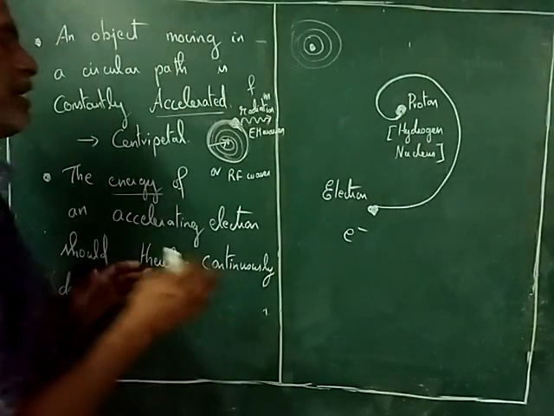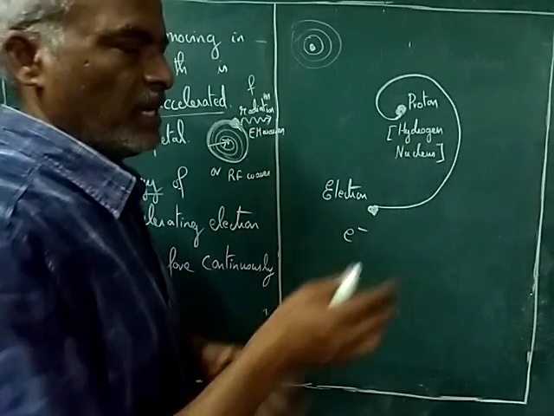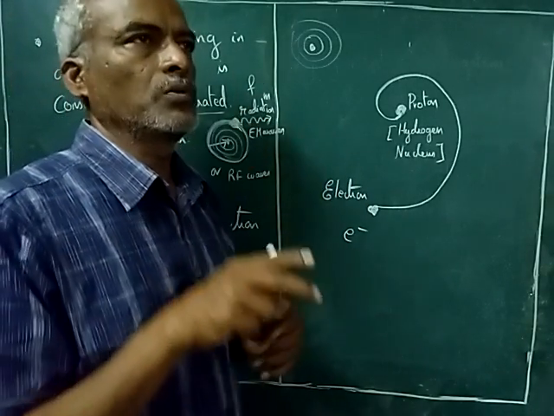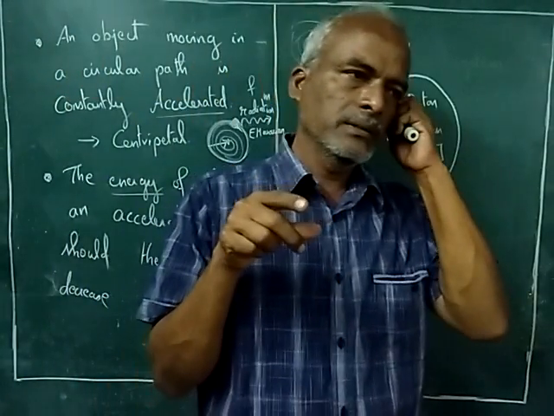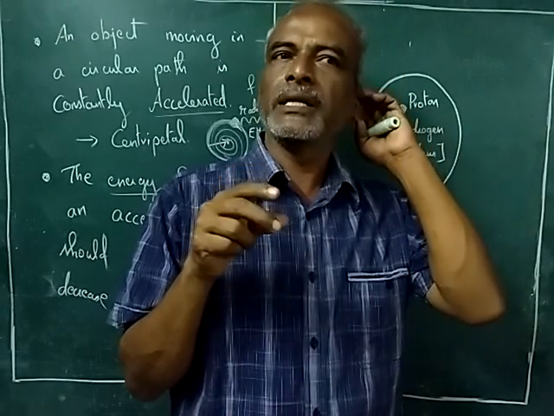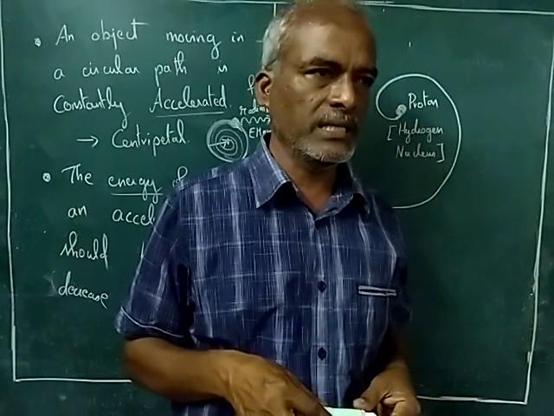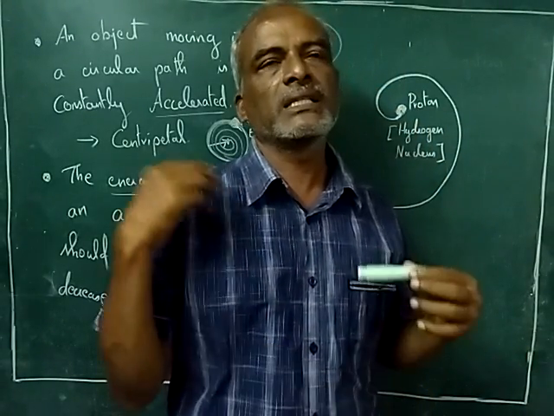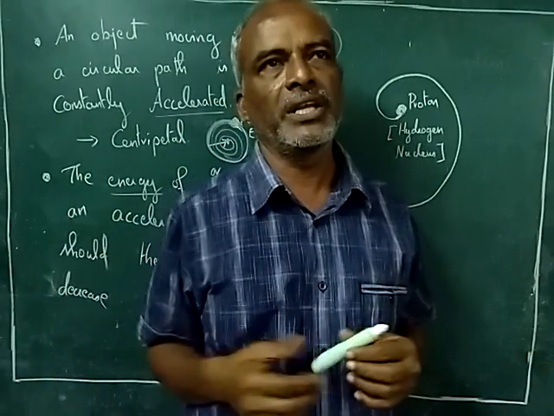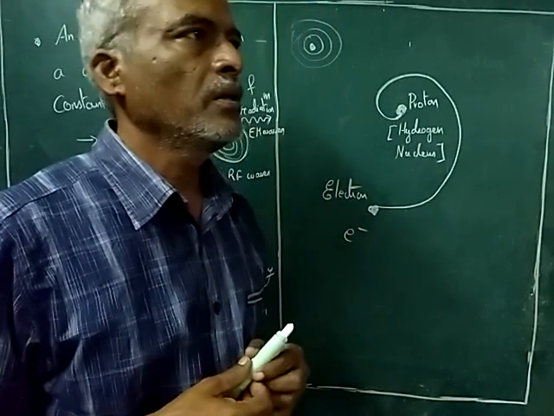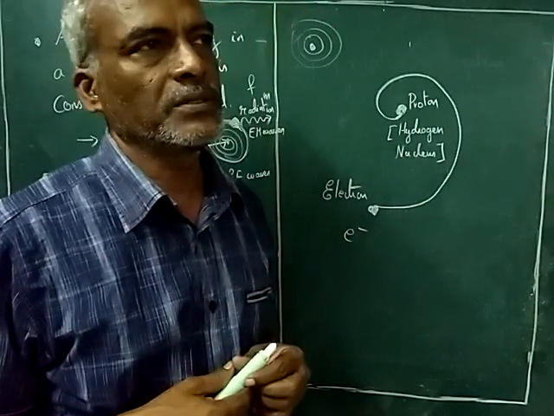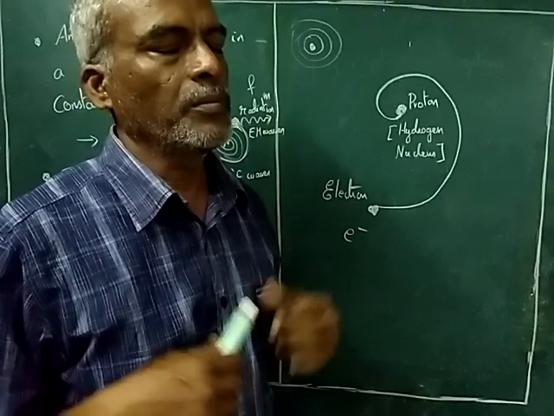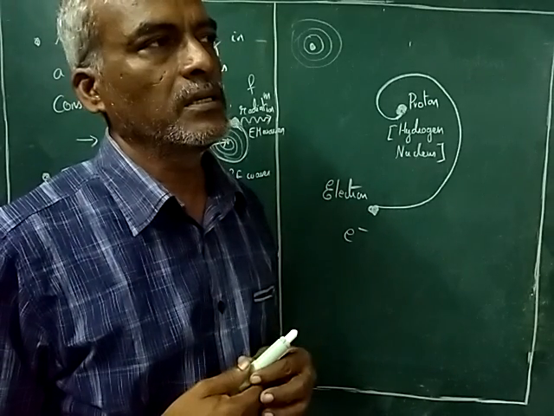So, the basic idea is, when a charged particle moving around a circular path gets accelerated, we call it a centripetal acceleration. When there is an acceleration, there is a radiation of energy. We get electromagnetic waves. Electromagnetic waves are radiated.